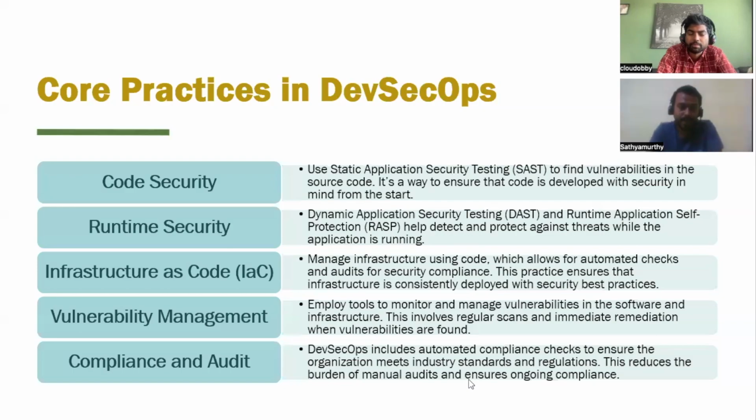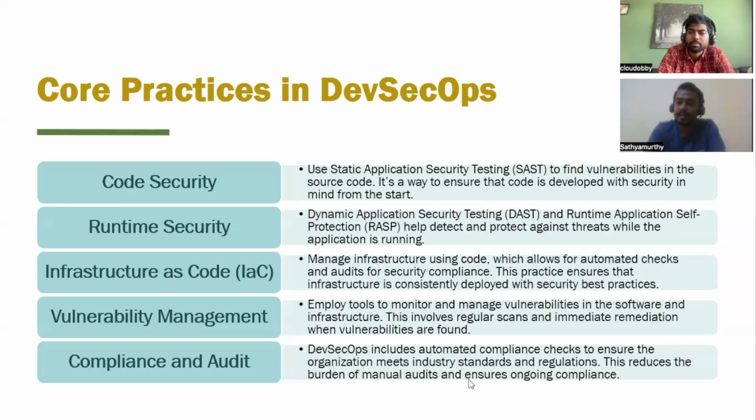Second is runtime security. Dynamic application security testing and runtime application self protection help detect and protect against threats while the application is running. DAST is a type of security testing that assesses the security of web applications by dynamically analyzing them during runtime.